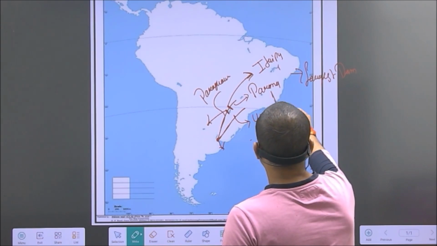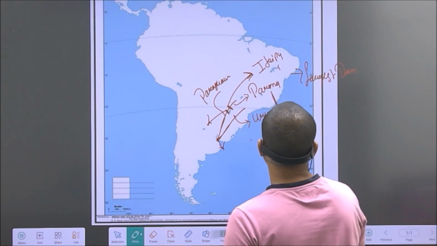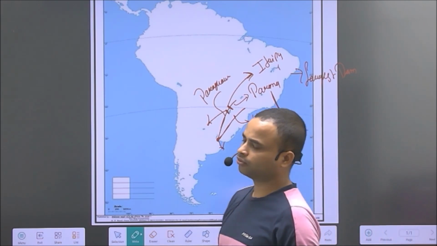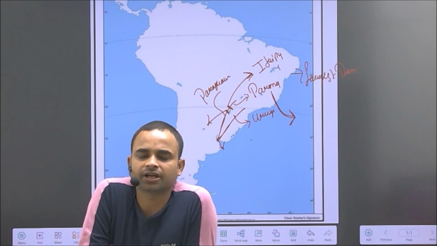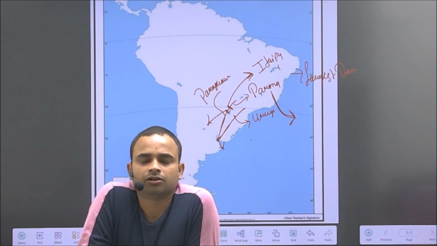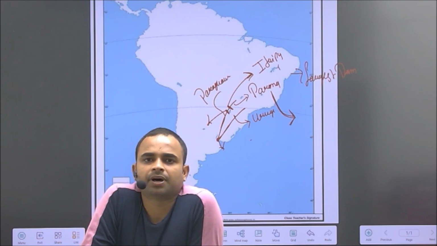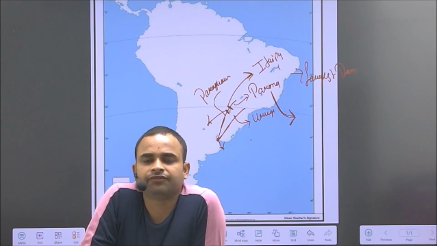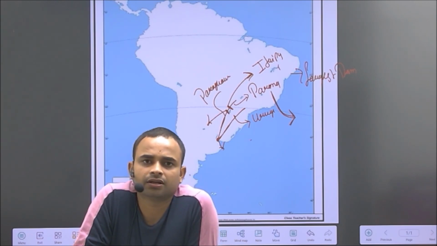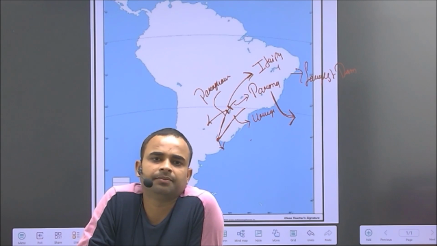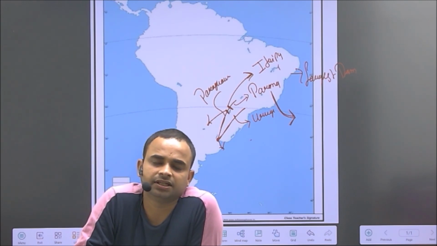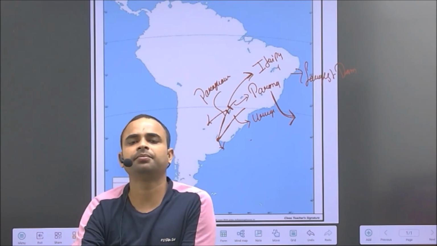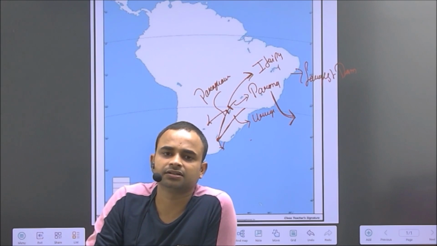Some important facts about the Parana. The Parana makes a political boundary between Brazil and Paraguay, and also a boundary between Paraguay and Argentina. The Uruguay River makes a boundary between Brazil and Argentina, and also between Uruguay and Argentina.